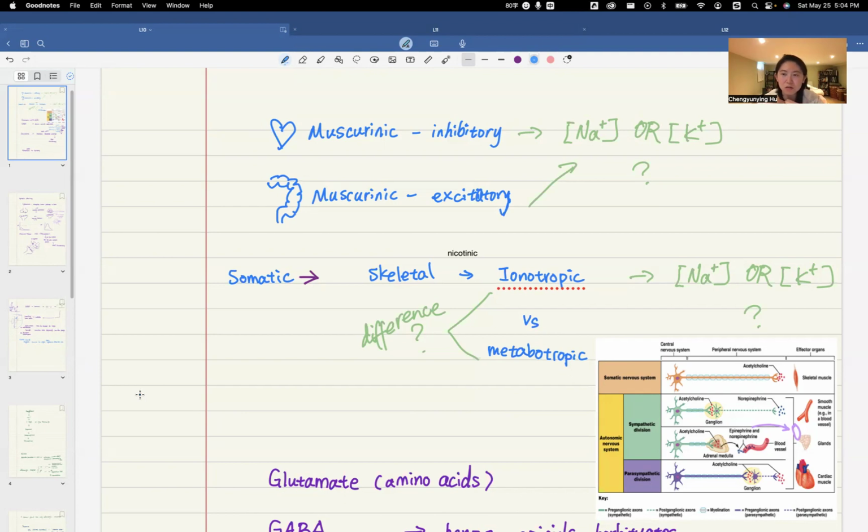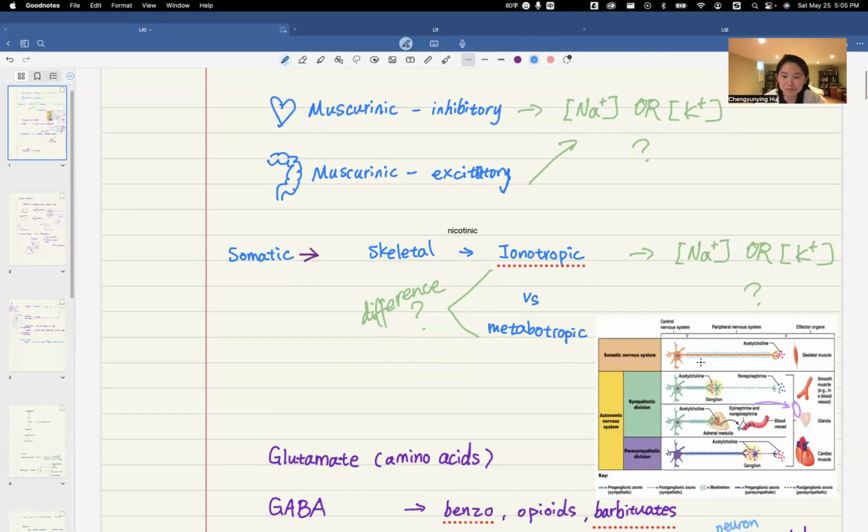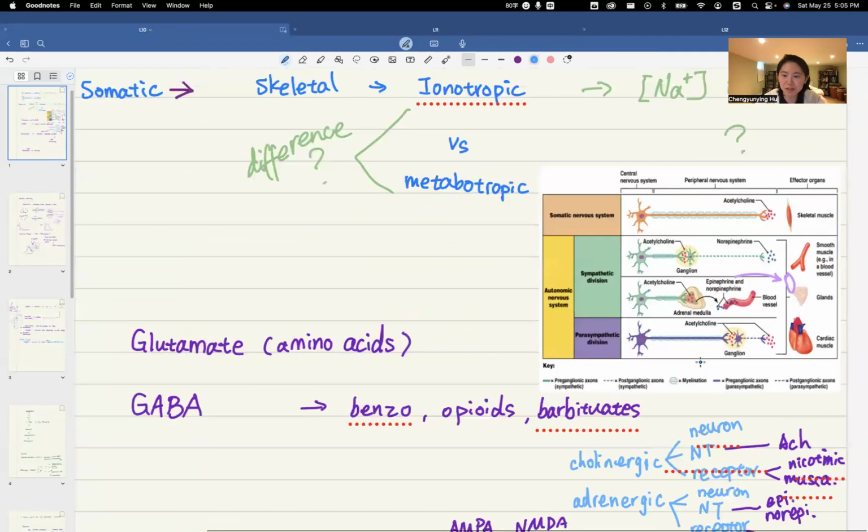The answer is no. The definition of ionotropic only tells you the channel and the receptor are the same protein. It doesn't tell you whether it's excitatory or inhibitory. That's a common mistake people make.